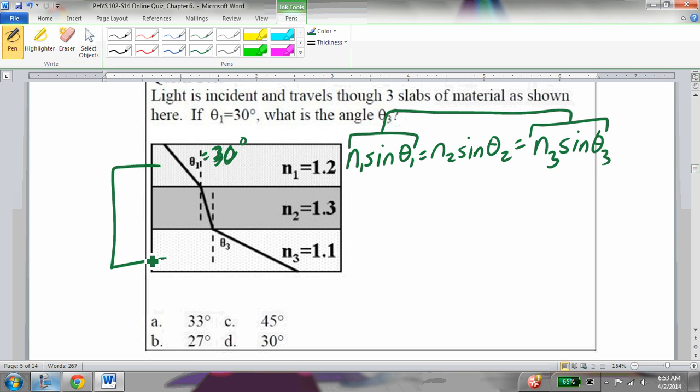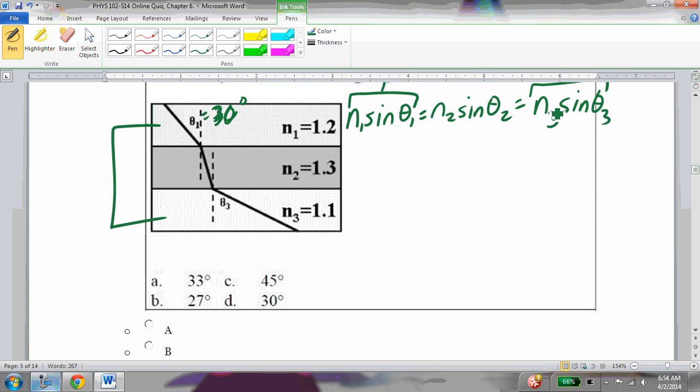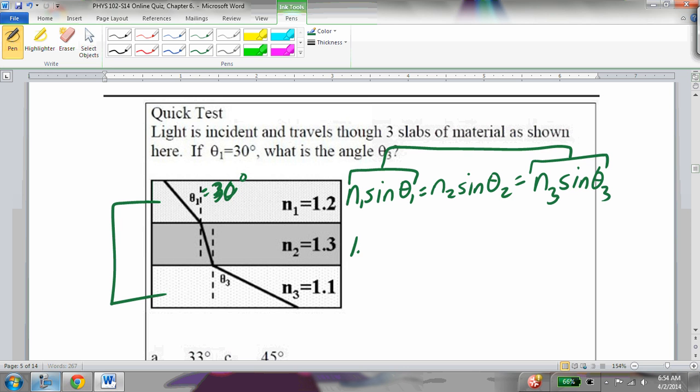So here I have n1, which is 1.2 times the sine of theta 1, which is 30 degrees. And then that's going to equal n3, which is 1.1 times the sine of theta 3.